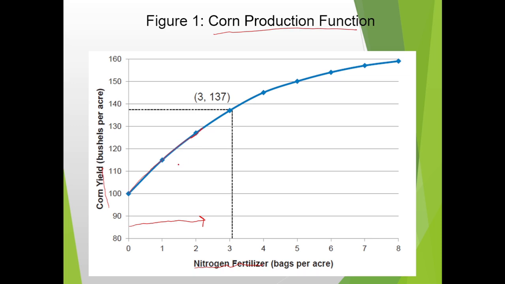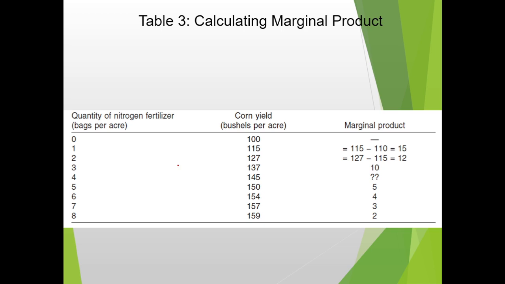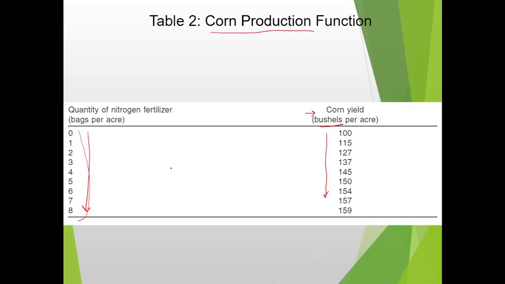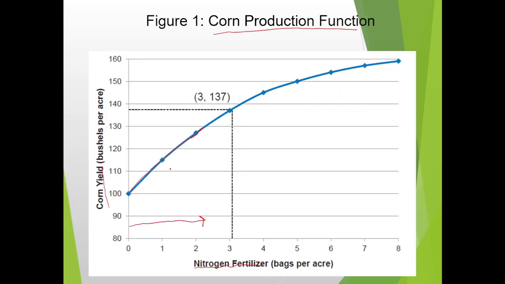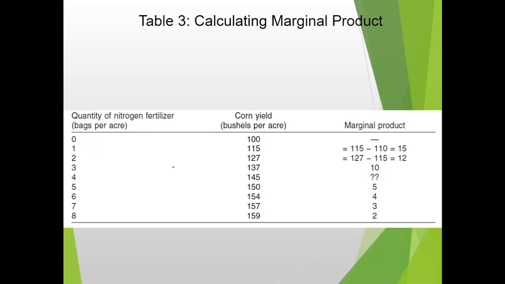Now let's look at the same piece of data that we have looked at, the corn production function. This was table 2. Have a look at table 3. Again, we have the quantity of nitrogen fertilizer, which is increasing as we go down in the table.